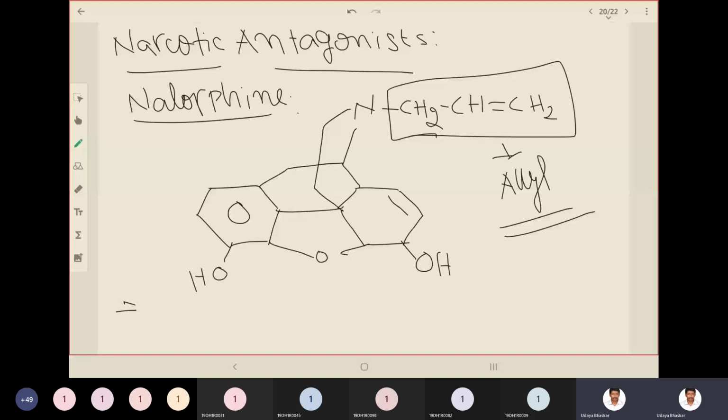Okay, so the next topic is anti-inflammatory agents, where we cover non-steroidal anti-inflammatory drugs. Lastly, we'll see the classification and wind it up.